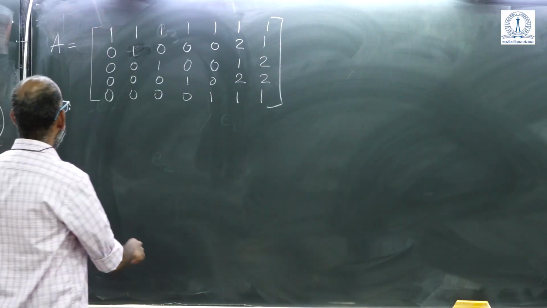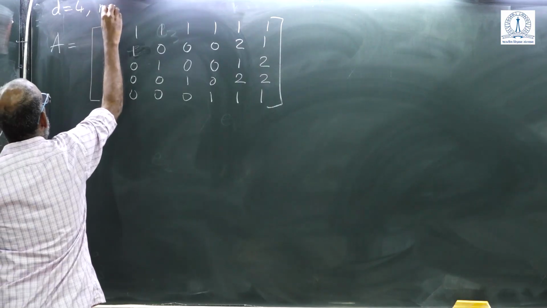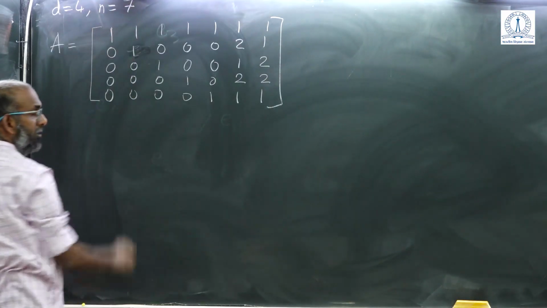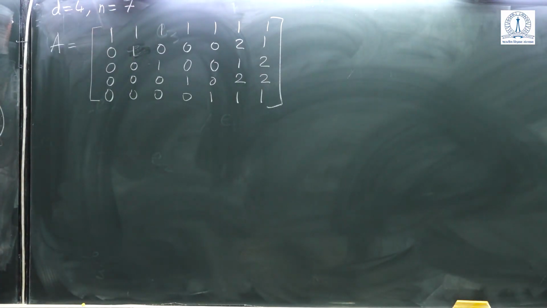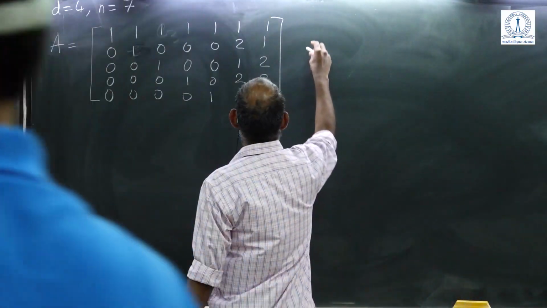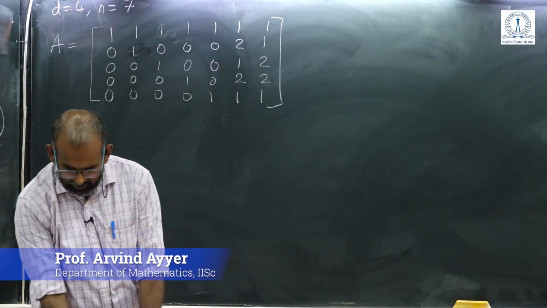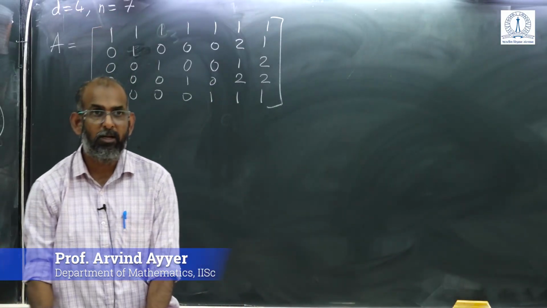And so D is 4, N is 7, right? So there are 7 vertices. So what is the size of B? So B should be n cross n minus D minus 1, right?